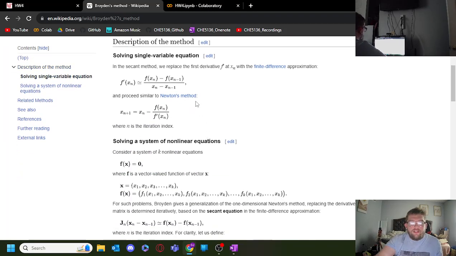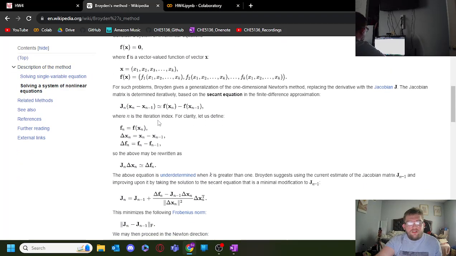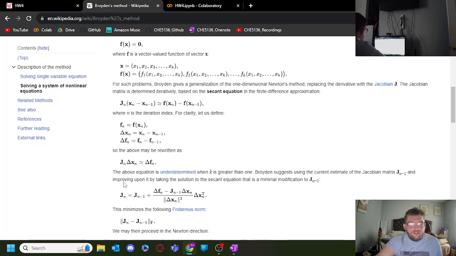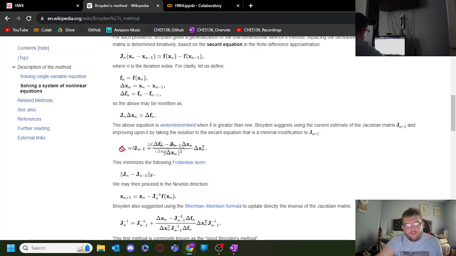So the way it does that is, if we go down here, it uses the Jacobian update here, where the updated Jacobian comes from the original Jacobian plus this term here, where this expression will result in a column vector multiplied by another vector here divided by a scalar down here.